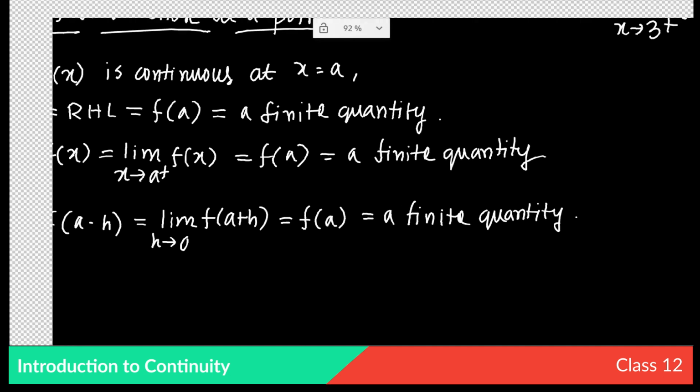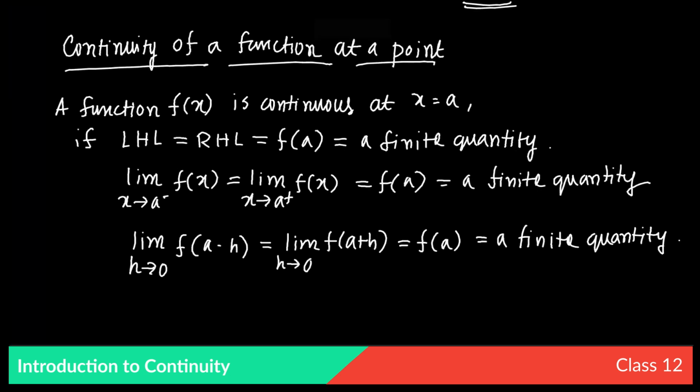So what we have told is the continuity of a function at a point. What is it saying? A function f(x) is continuous at x equals a if the left hand limit is equal to the right hand limit, that means LHL equal to RHL at that point, equals f(a), a finite quantity.